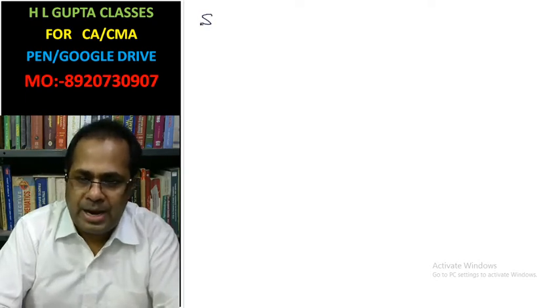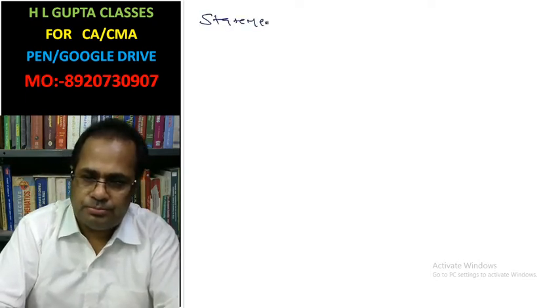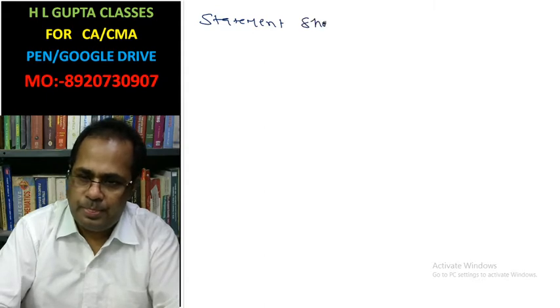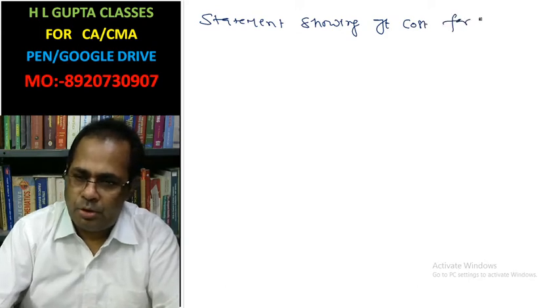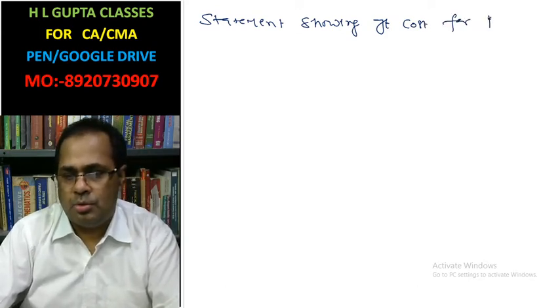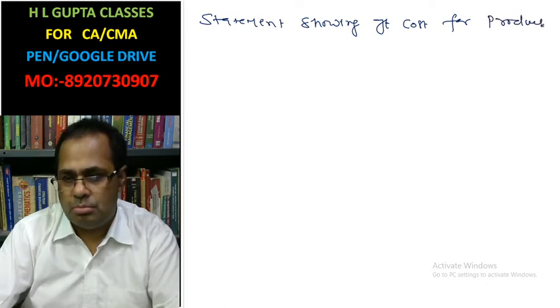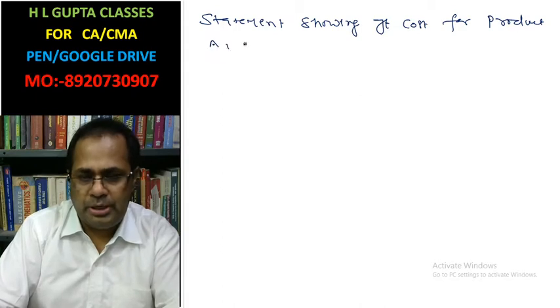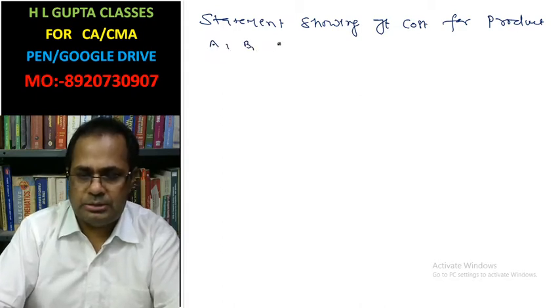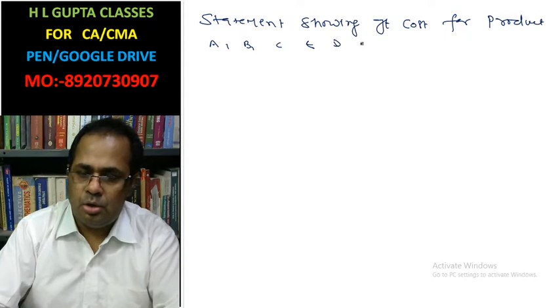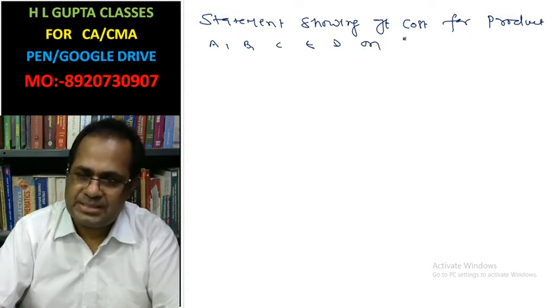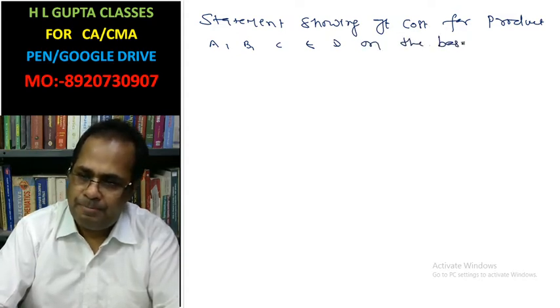Okay. A statement showing joint cost for products A, B, C, and D on the basis of net realizable value method.